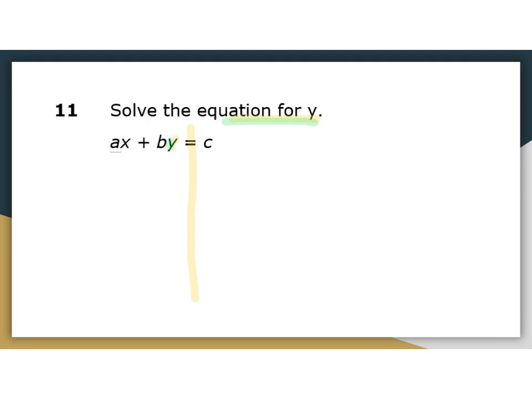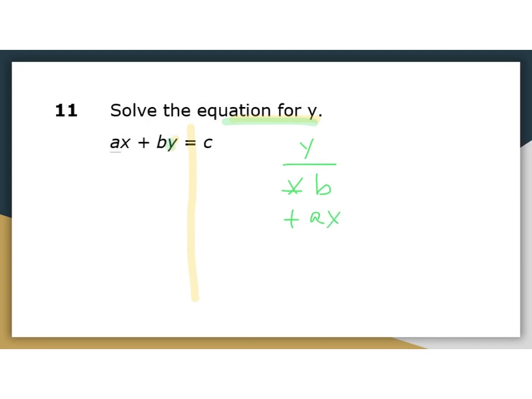So off to the side, I have, this is y is what we're solving for. Y is being multiplied by the b. After the y gets multiplied by the b, we are adding an ax. Now this ax is positive, so a positive ax is being combined with a by. So that's going to be the next thing that I write off to the side.